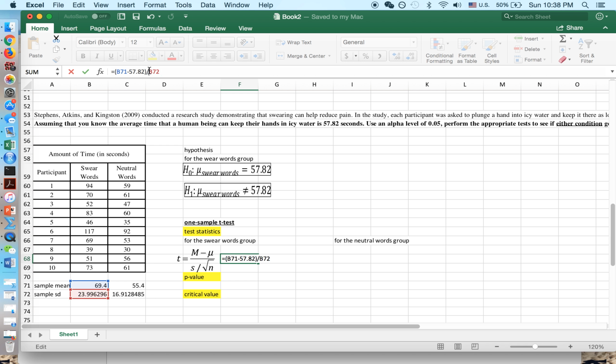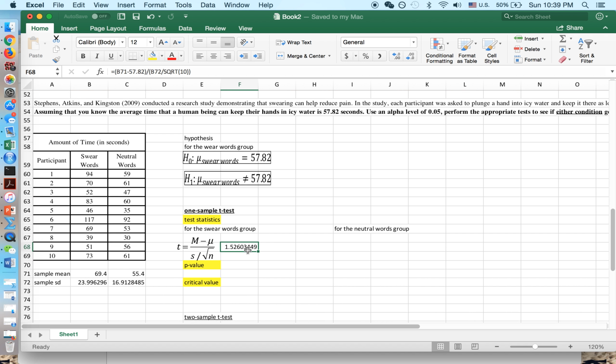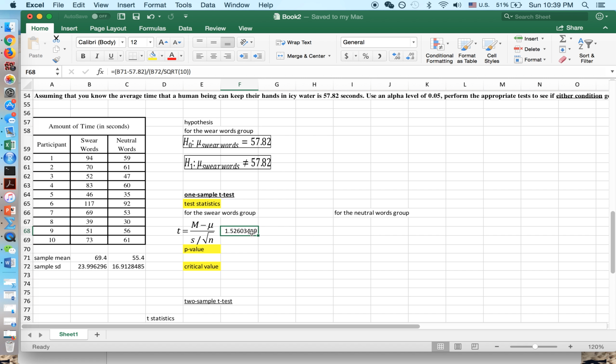Again, sometimes I'm not sure what Excel is doing, so it's always safe to put a bracket. Square root of my sample size, which is 10. So this should give me my t-score or t-value. Okay, so we get a t-value which is equal to 1.5 something, right? But we do not know whether this is significant.